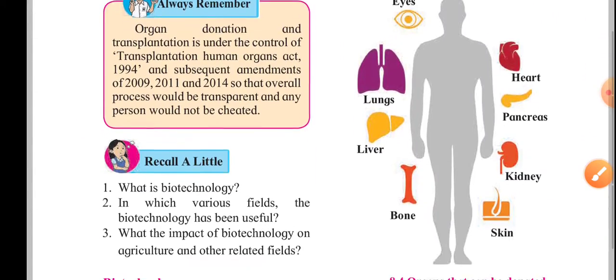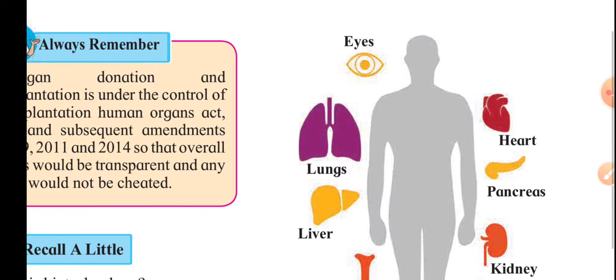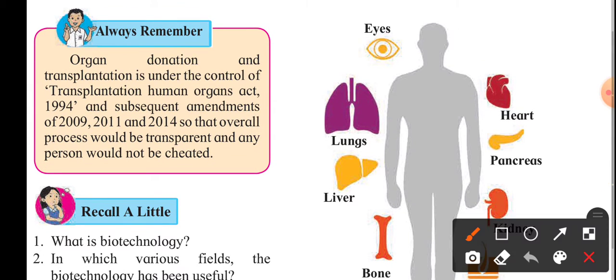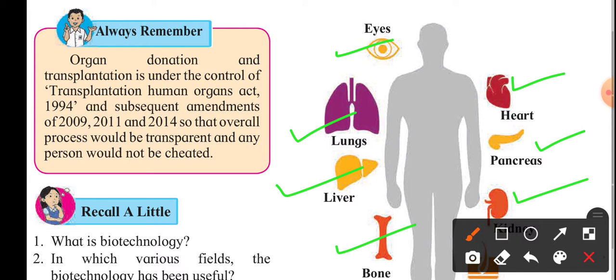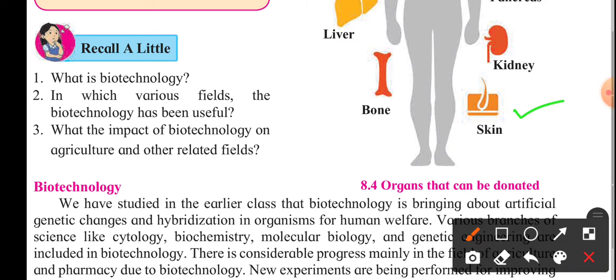Further, here they have given us the human body and the various organs which can save the lives of others. In that we have the eyes, heart, lungs, pancreas, liver, bone, kidney. So these are the organs which can save the lives of others, even the skin.